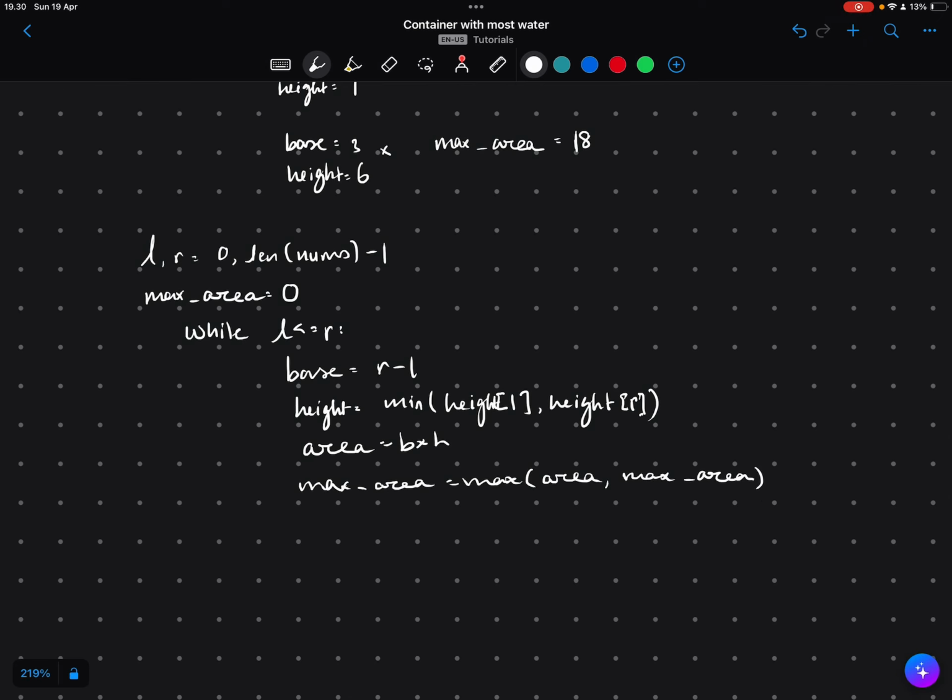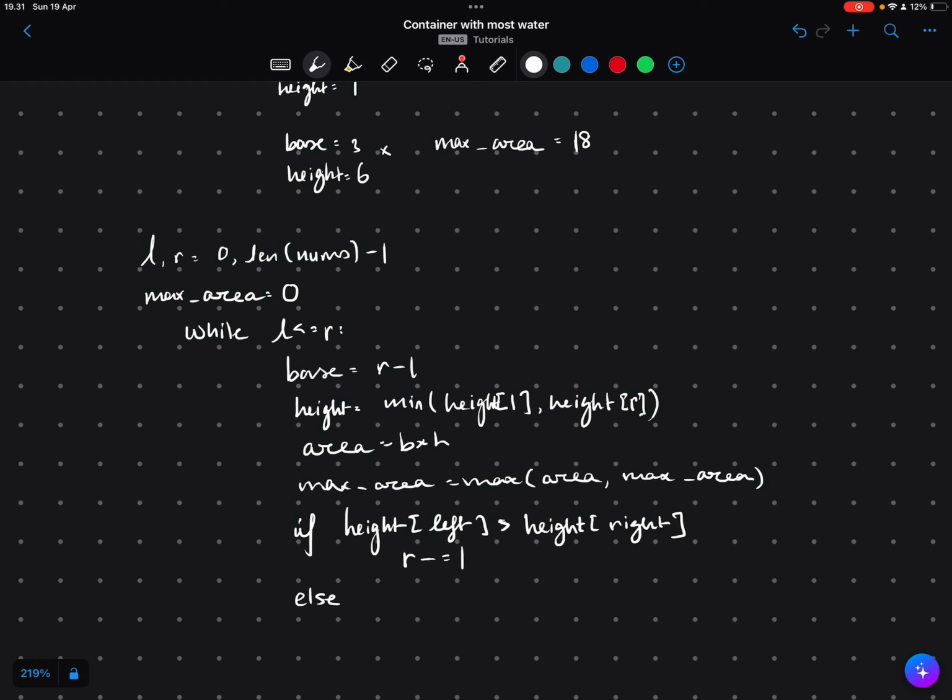Now here comes the next part. When do we know which one to increment and which one to decrement? Like I said, two pointers is basically a strategy to increment or decrement. If the one that we are on right now on the left is greater than the one at the very end on the right, then it would be dumb to move away from the left, because the right is the limiting factor in this case, so we want to move the right.